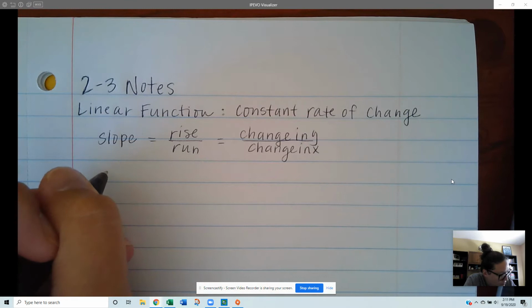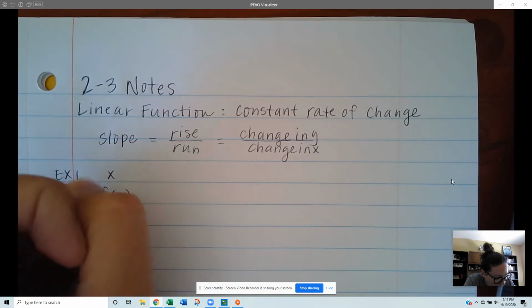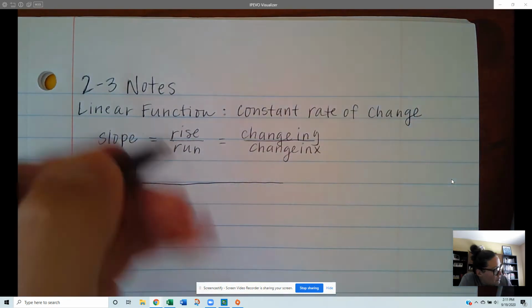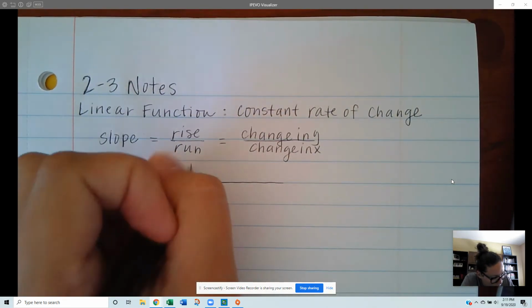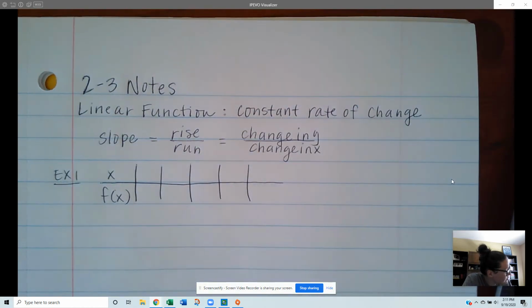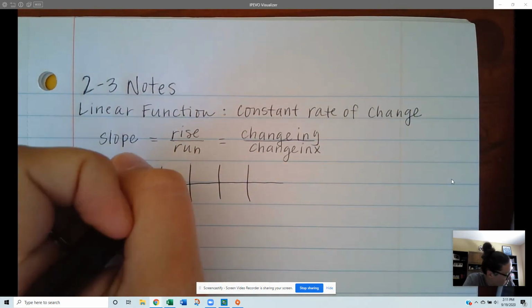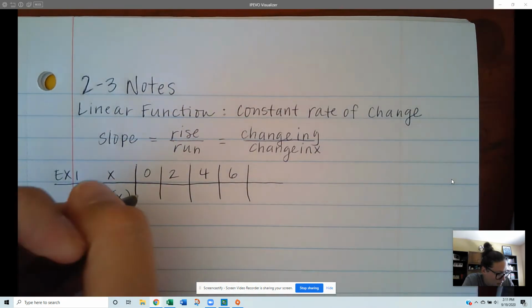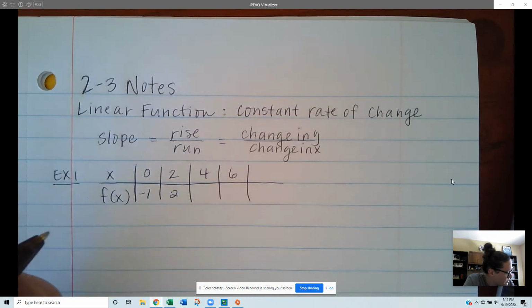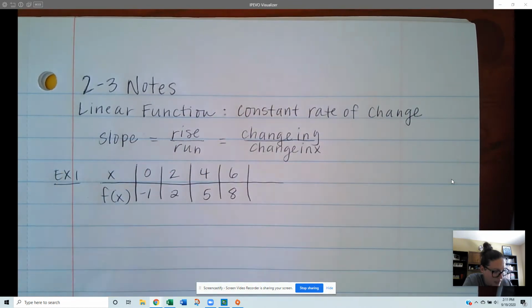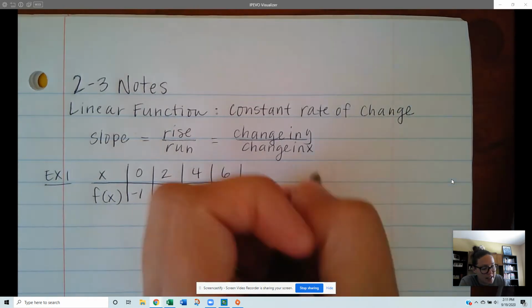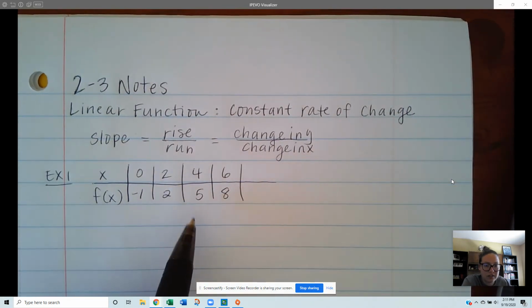I have a table, x, f of x, and we go 4 numbers: 0, 2, 4, 6, and -1, 2, 5, and 8. And the question that we're asking is, is this a linear function?